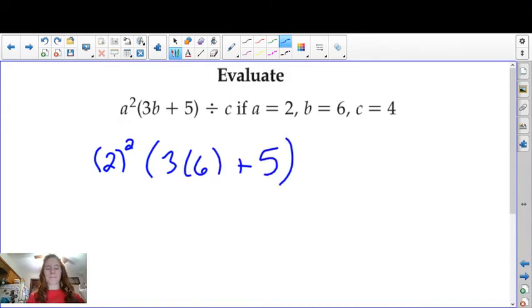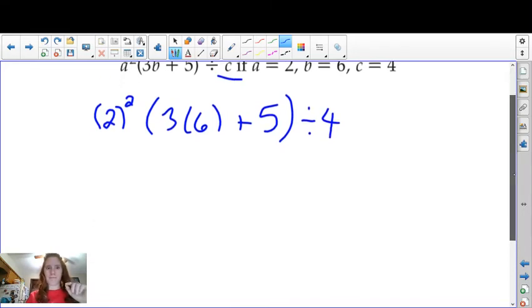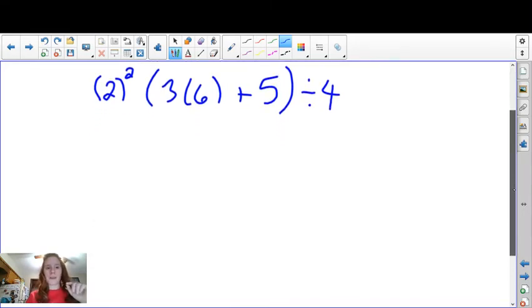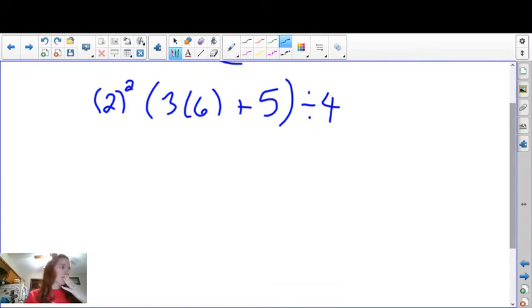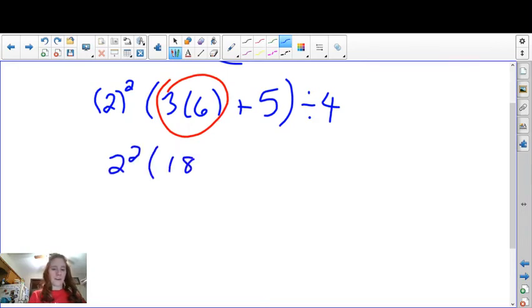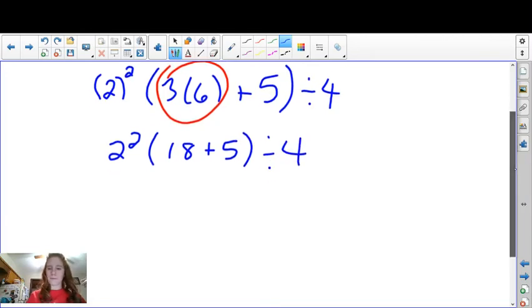Okay. Hope you look like this. Oh, I missed my divide by 4. Oopsies. I was like, man, I didn't use my 4. So I need to start with my innermost piece, which is this one. So I have 2 squared times 18 plus 5 divided by 4.